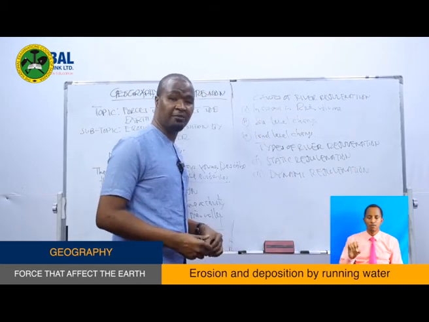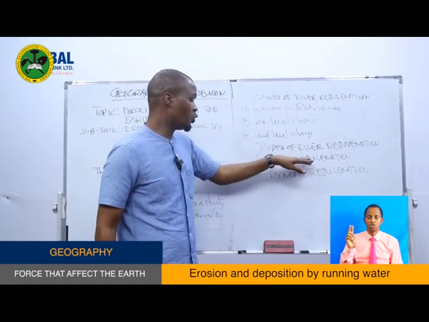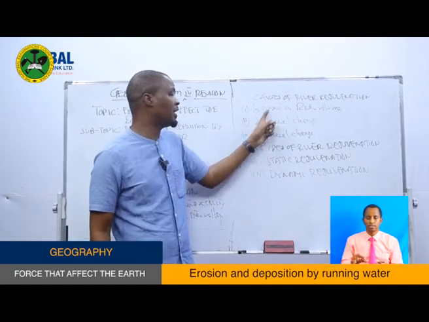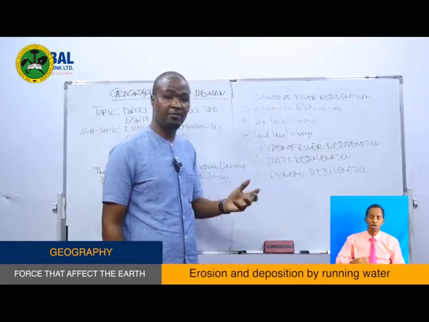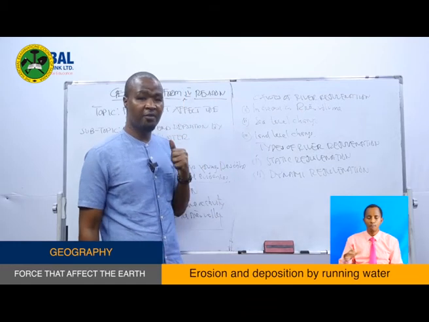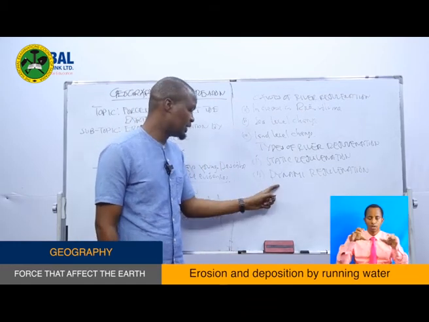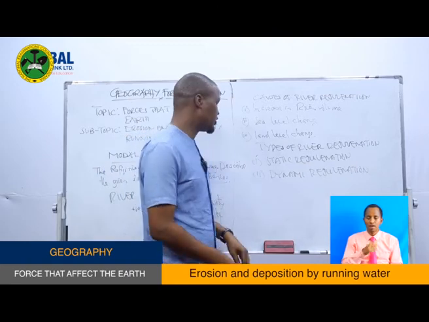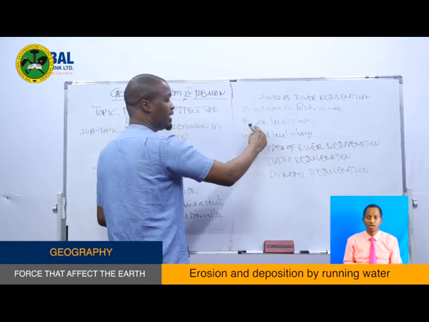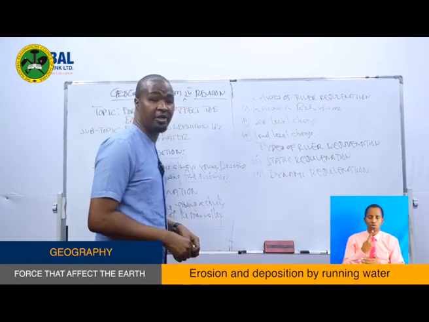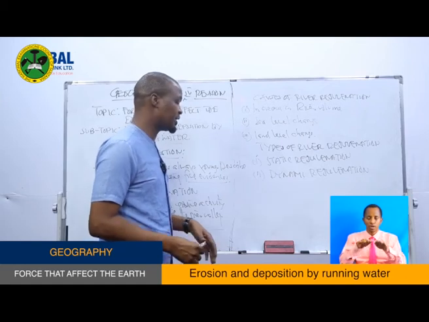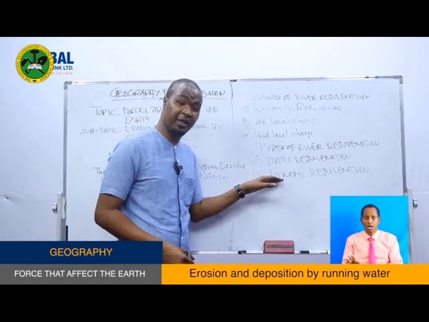Static rejuvenation refers to the type of river rejuvenation which occurs as a result of the increase in river volume, either from ice melt, spring, rainfall, etc. Dynamic rejuvenation is a result of either sea level change or land level change. So in that case, we have two types of dynamic rejuvenation.